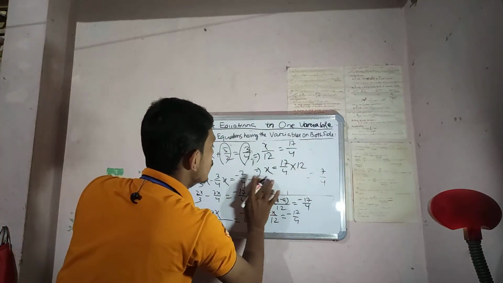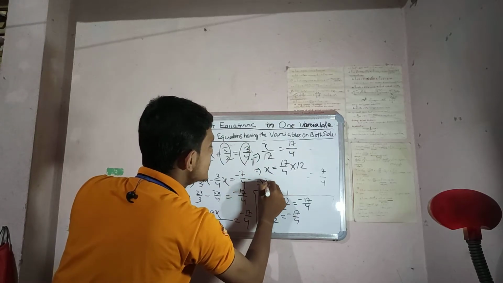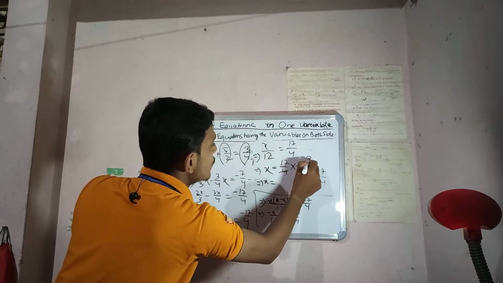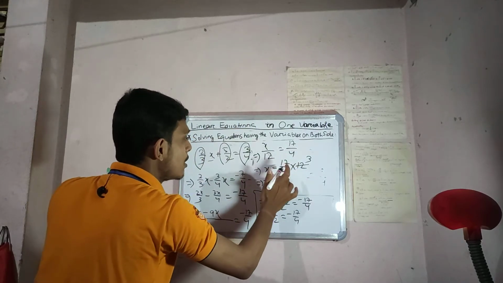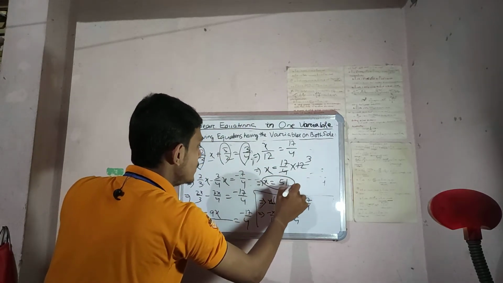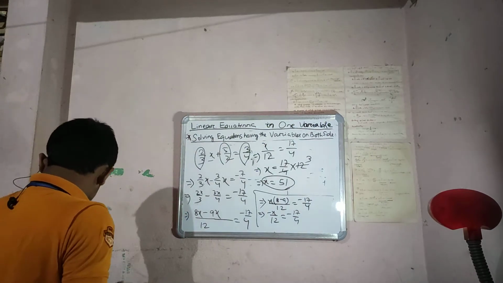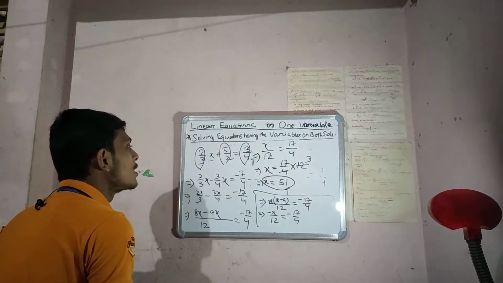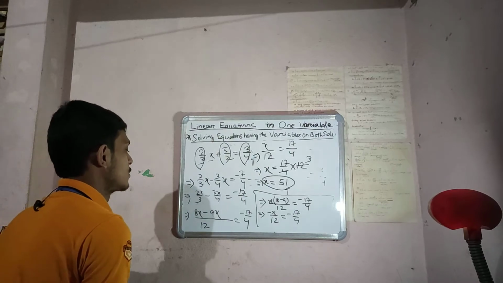So x = 17 × 12 upon 4. 4 3s are 12, it is cancelled, 17 3s are 51. The value of x is 51. In this way you can solve this type of problem.